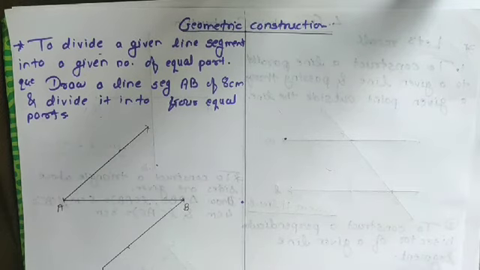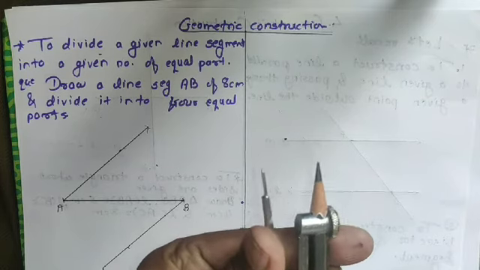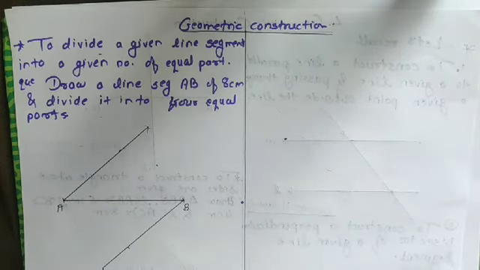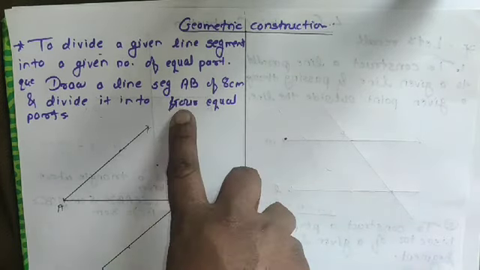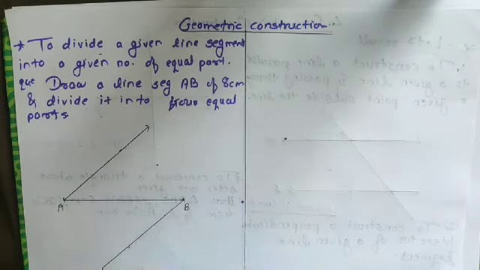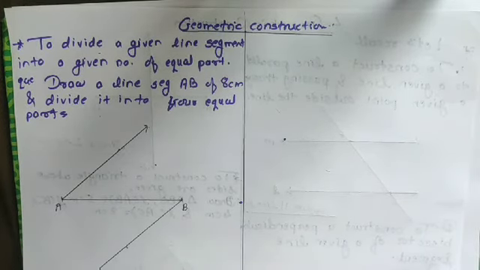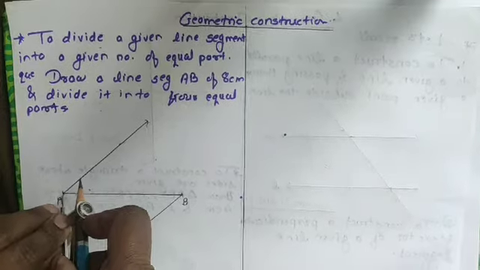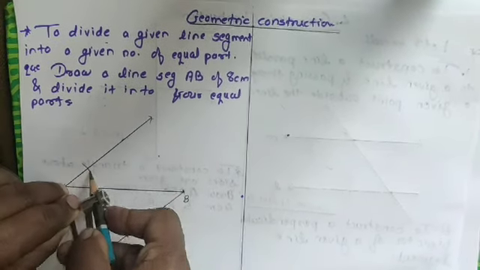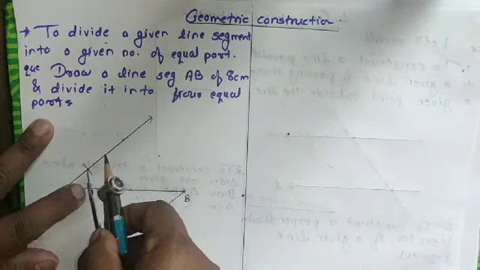Now after this, what do we have to take? We have to take a sufficient distance in our compass. It's not an exact measure. You have to divide this into 4 equal parts. So for that we take a sufficient distance in the compass and mark the points here. This is the first arc, this is A1.